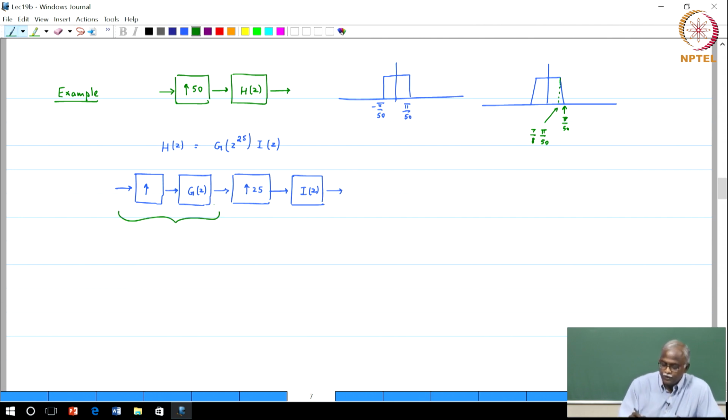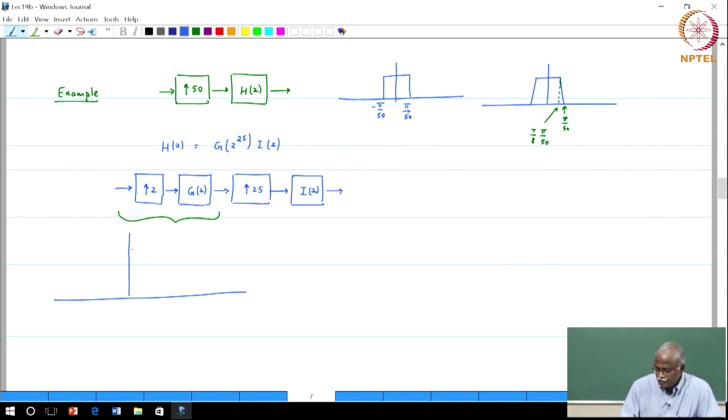This first one should be upsampling by a factor of 2. So, if I look at this particular signal, it is upsampling by a factor of 2. The G of z should cut off at pi over 2.